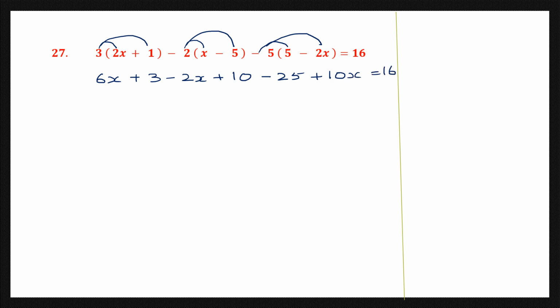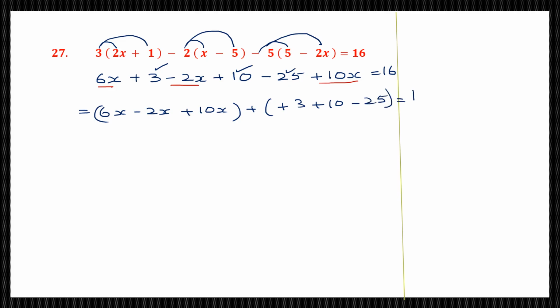So let's pick all the x. So we have 6x minus 2x plus 10x. So I've put all the x together. Now let's take the whole numbers. Plus 3 plus 10 minus 25.